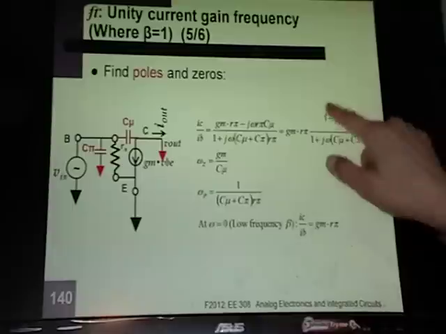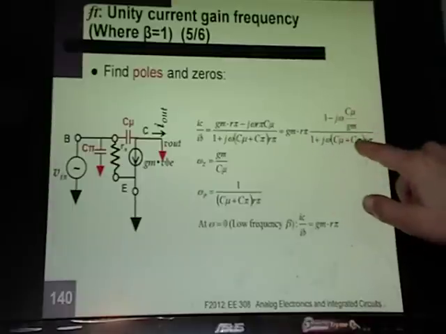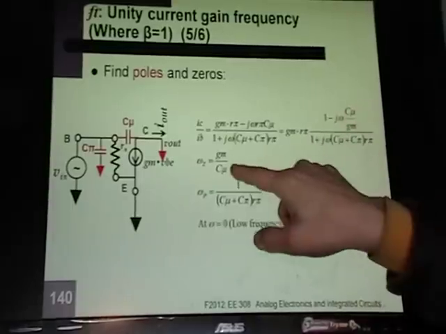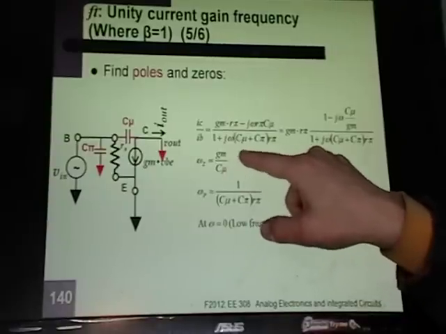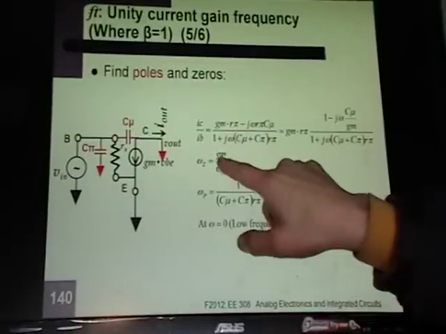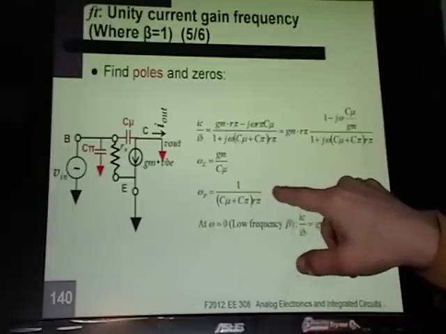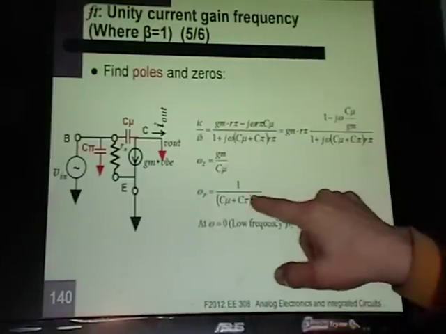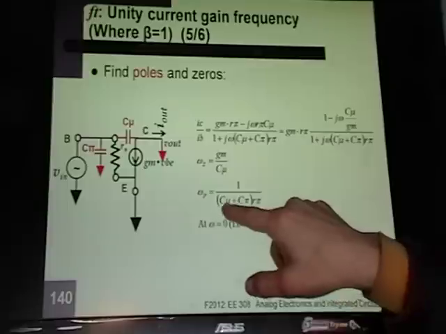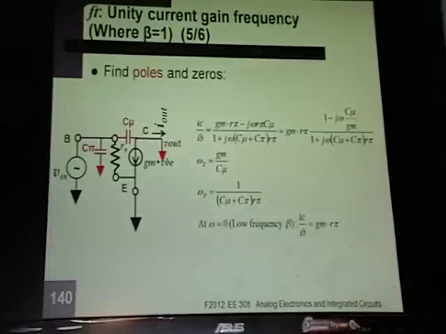And you try to pull that out, and then you have your frequency term right here. And you can see again, hey, we've got a 0 at GM over C mu. That magic value keeps popping up. So this is a transistor related value. And then you can see that your pole for beta is right here. So your beta starts to drop at this frequency.